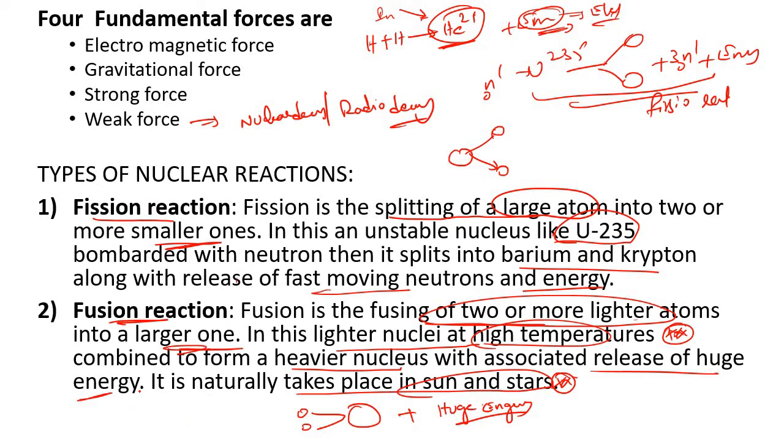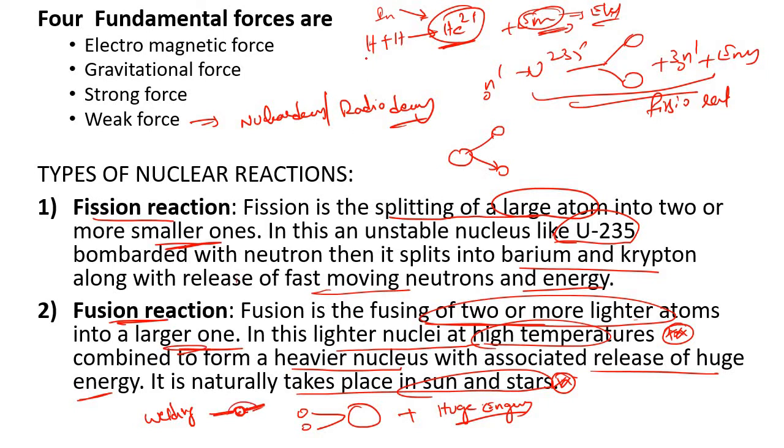Many of us have seen welding shops. In welding shops, if they want to join two metals, they use current, no? They use very high temperatures to join these two metals.